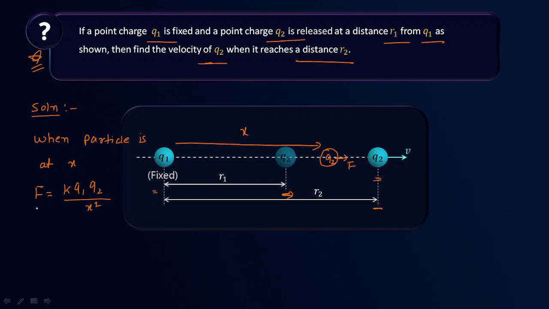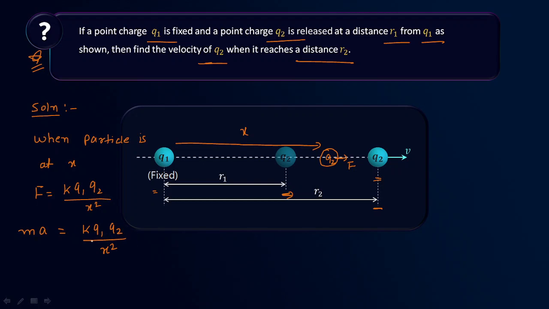Now we want to find velocity. So force can I write as mass times acceleration, and mass of the charged particle is m, so force is mass times acceleration, that will be equal to k q1 q2 divided by x square.